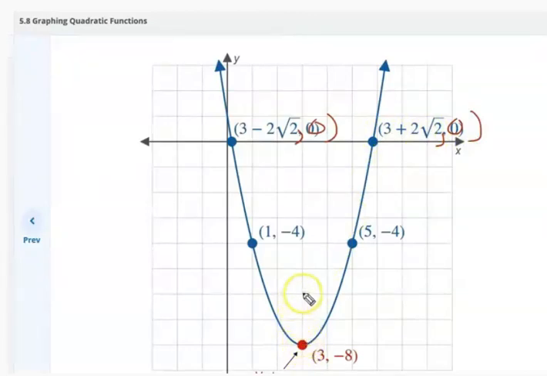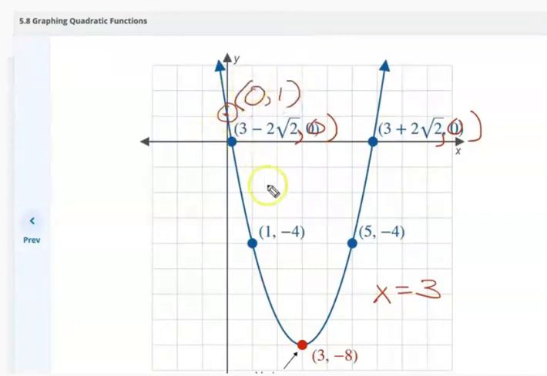Now we said the axis of symmetry was whatever the x coordinate is, that would be x equals 3. So we found the vertex, the axis of symmetry, the zeros, and the y-intercept right over here. That's nice. That was 0, 1. So again, sketch these graphs as well, and you can see as a model when you get to do these in your practice and certify.